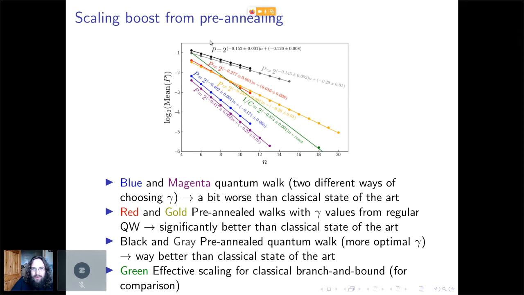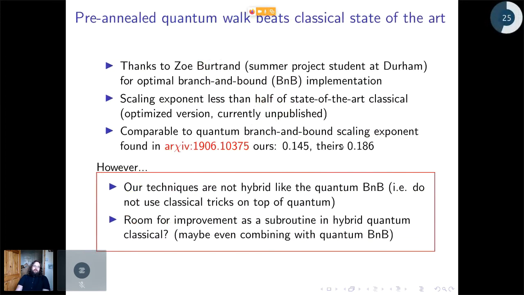It looks like we are in the thermodynamic limit, and we aren't going to see anything bad happening out here that will ruin the scaling. But technically, we don't know that it doesn't. The scaling exponent is less than half of the state-of-the-art classical. Those results are actually unpublished, the very best ones.